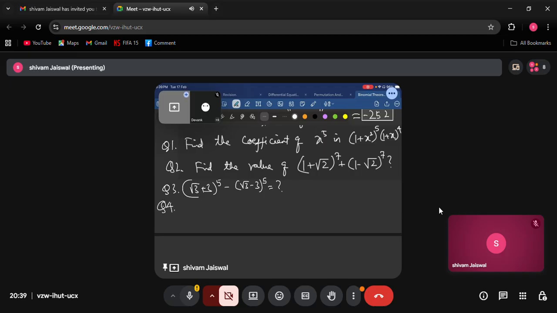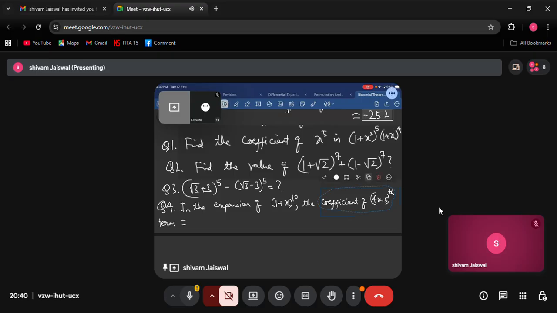Question number 4. In the expansion of 1 plus x whole to the power 10, the coefficient of 4r plus fifth term is equal to coefficient of 2r plus 1th term.